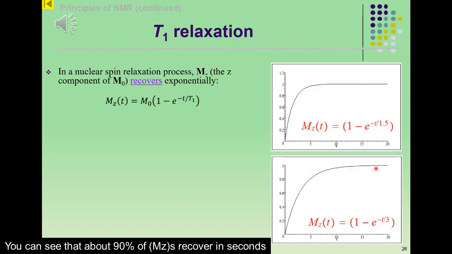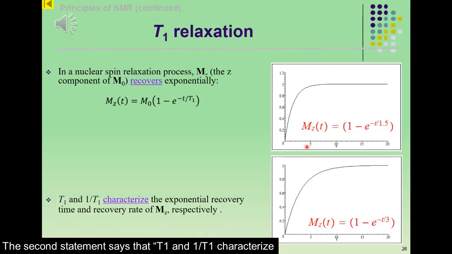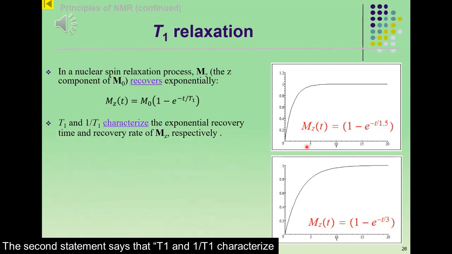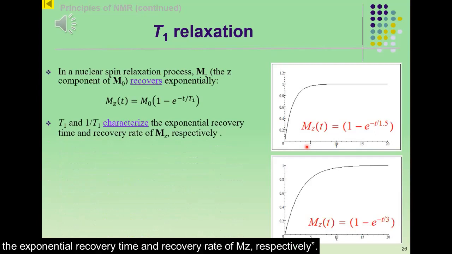You can see that about 90% of Mz recovers in seconds, and then it takes much more time for it to fully recover. The second statement says that T1 and 1 over T1 characterize the exponential recovery time and recovery rate of Mz respectively.